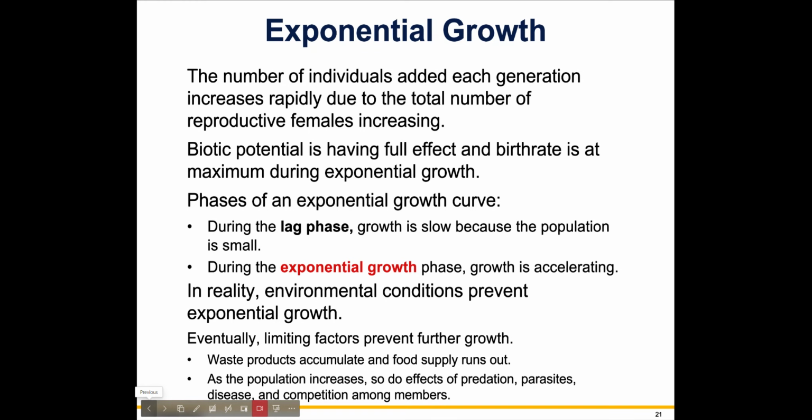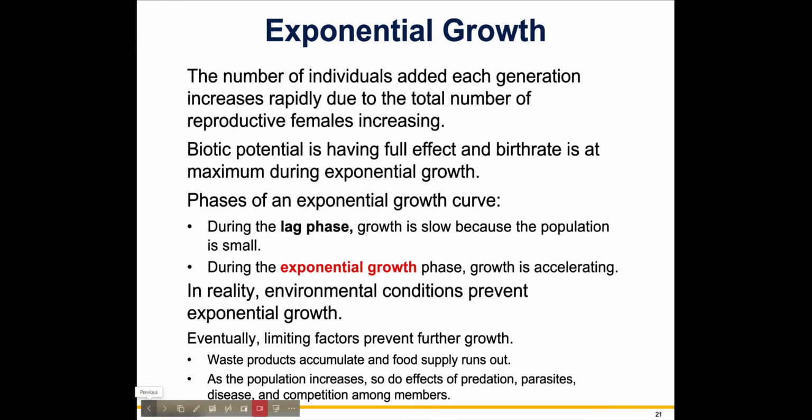How does this look? Well, there'll be a little bit of a slow phase, called a lag phase, just because the population is small. But then as the population starts to get bigger, it is a drastic upswing. It's an accelerated growth. In real life, those living things still need resources.